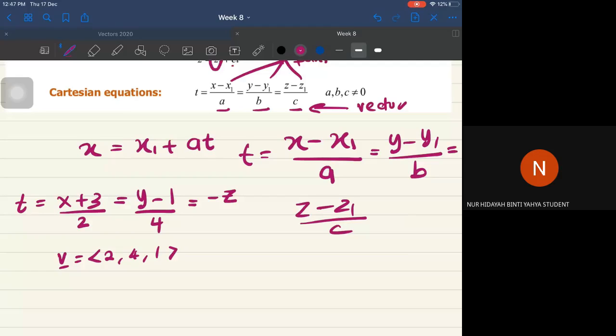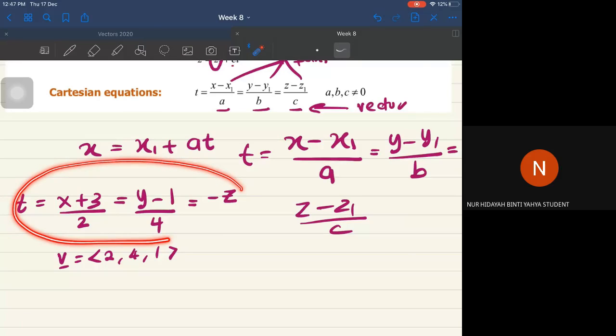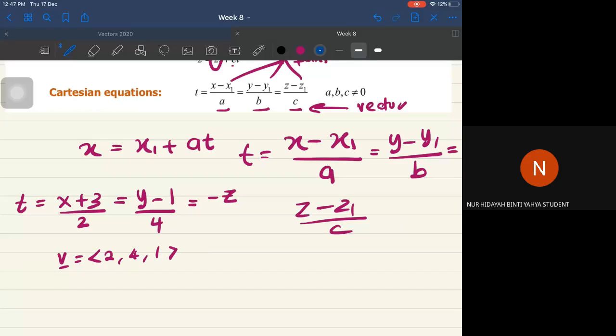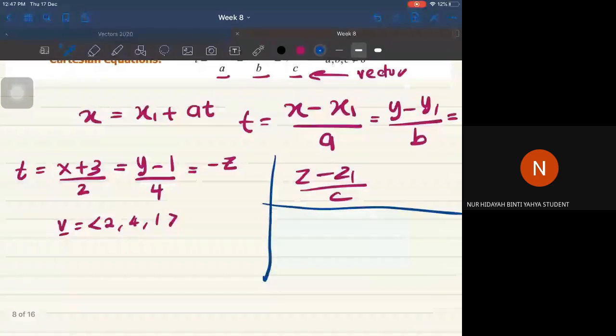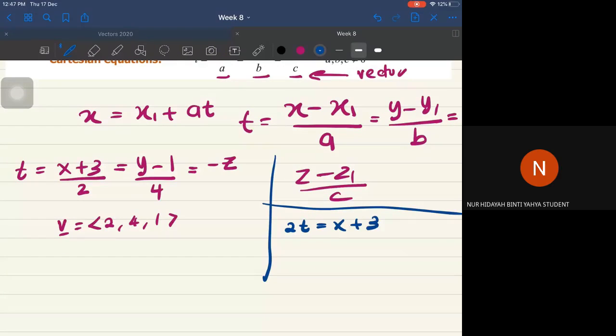Kalau you susun Cartesian equation ni dalam bentuk parametric equation, you akan dapat 2t sama dengan x tambah 3. So x sama dengan negatif 3 tambah 2t.